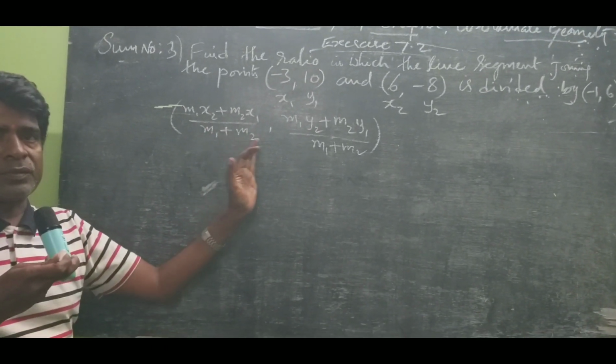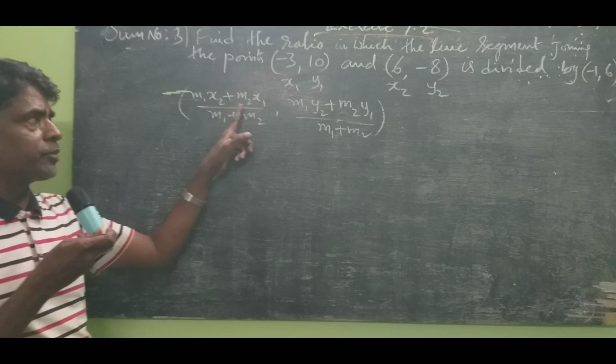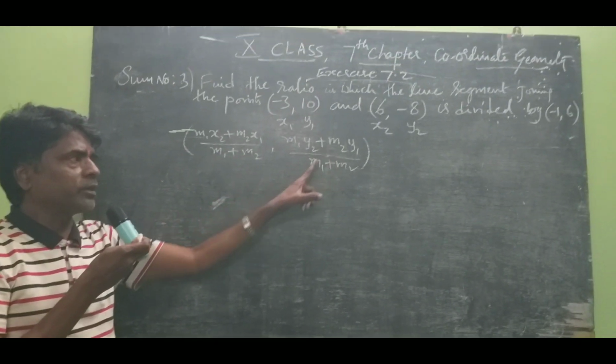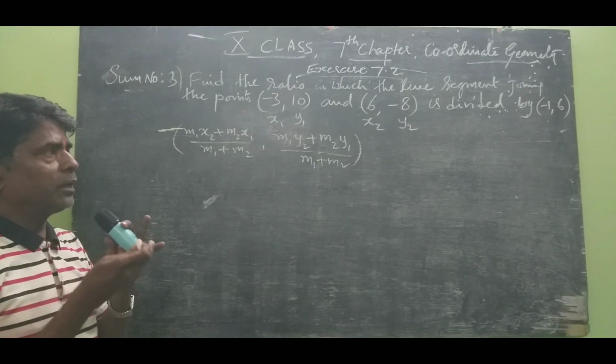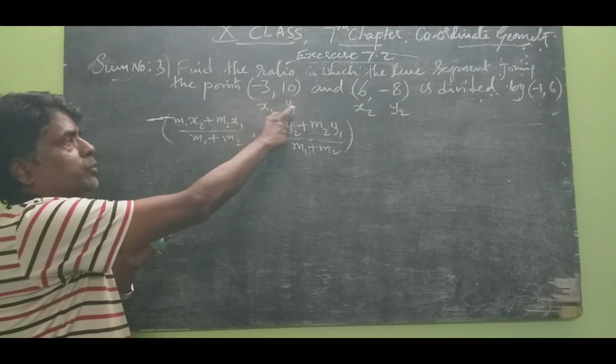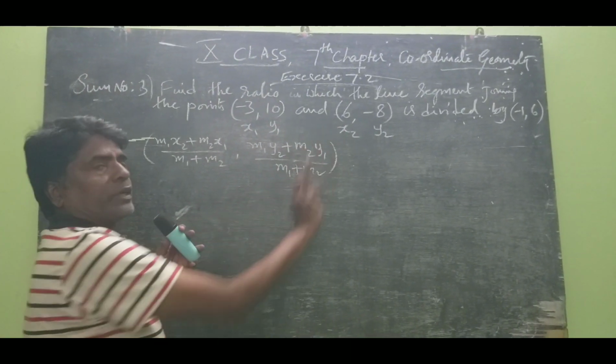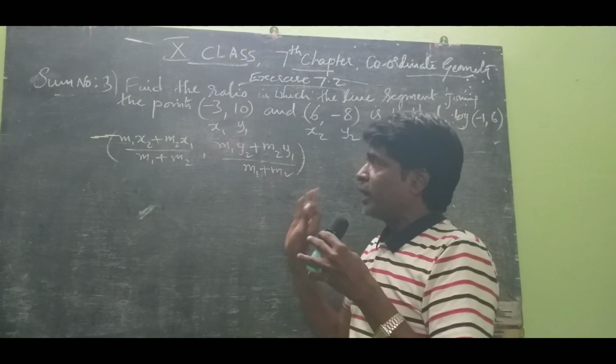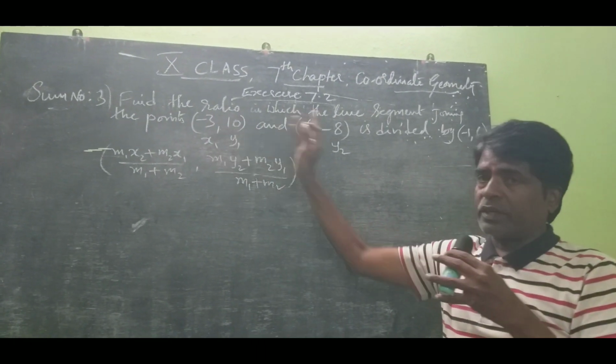So you have to take the section formula: (m1 x2 plus m2 x1) by (m1 plus m2), (m1 y2 plus m2 y1) by (m1 plus m2). In this, you substitute x1, y1, x2, y2. We just need the m1 and m2 values, because the question is asking us to find the ratio.